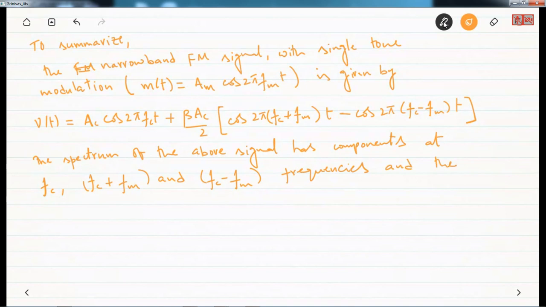And the bandwidth of the signal, because we have a useful component at fc minus fm and another component at fc plus fm, means the bandwidth of the signal is 2 into fm.